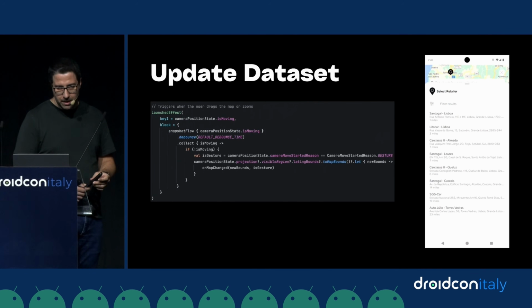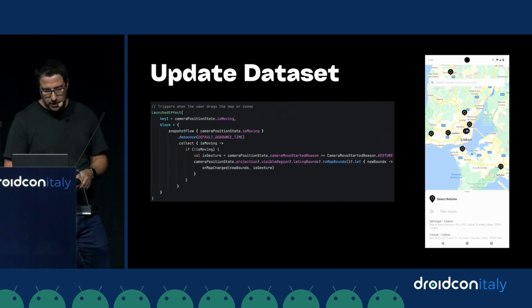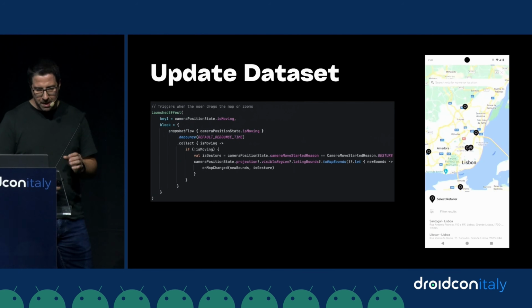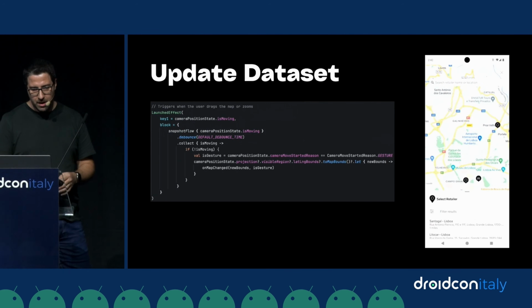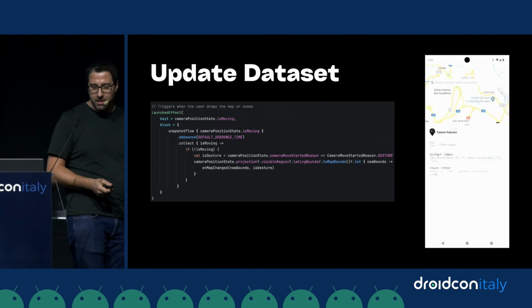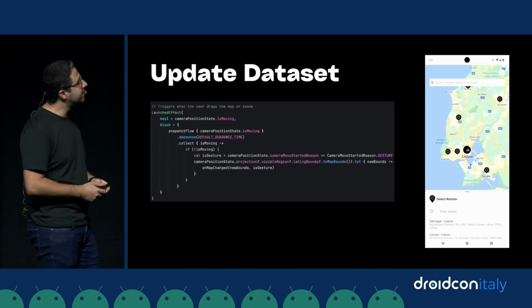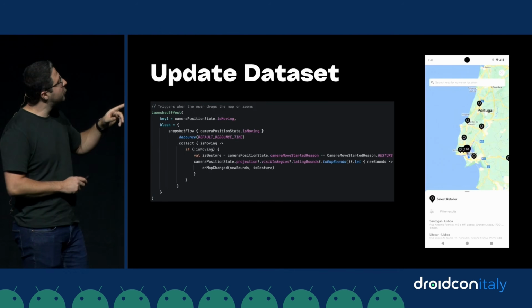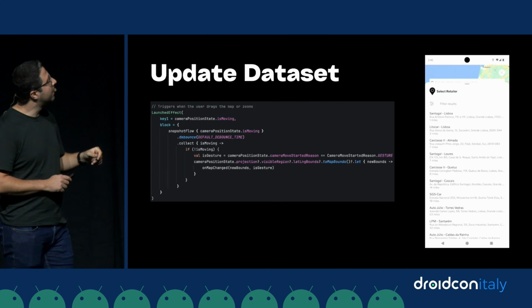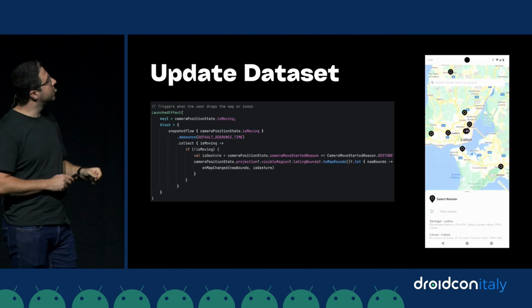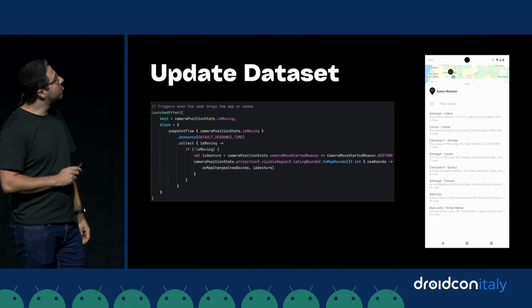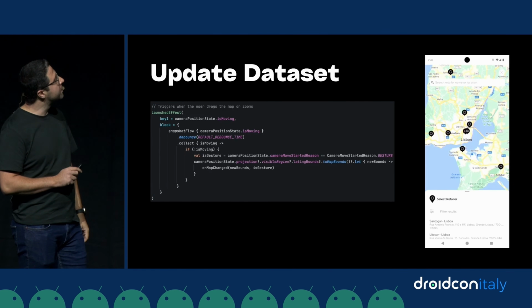The second use case that I want to display here is a way of updating your dataset by filtering only the items that are visible on the screen. You can see that we had this bottom sheet on the screen that is basically updating all of the current retailers according to the retailers that are visible on the map.